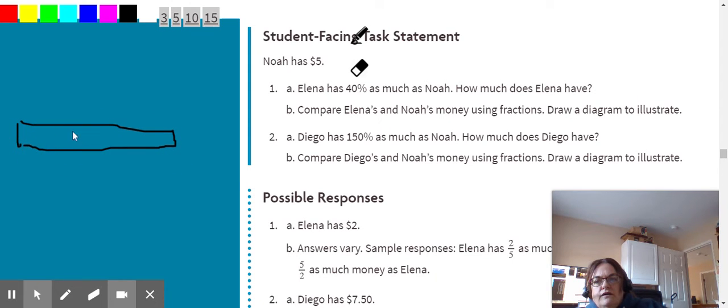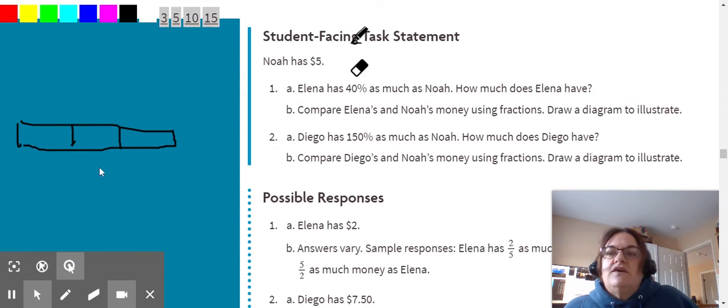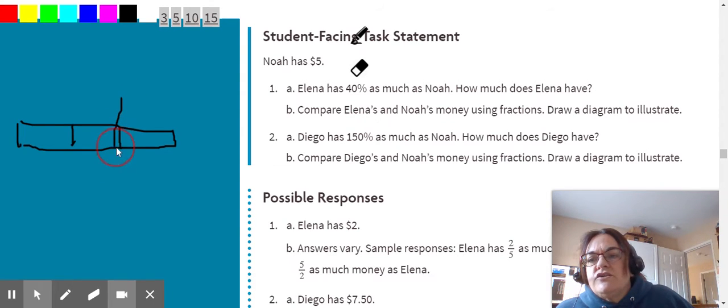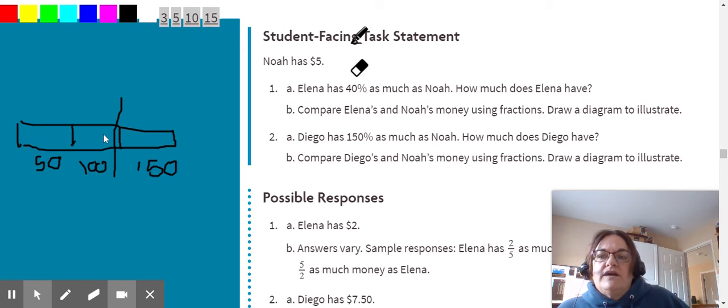So I'm going to go like this, because if this is 100%, this is 150%, and this is 50%. So you're counting by 50s here. So if Noah has $5 and you're splitting that, it's $2.50.